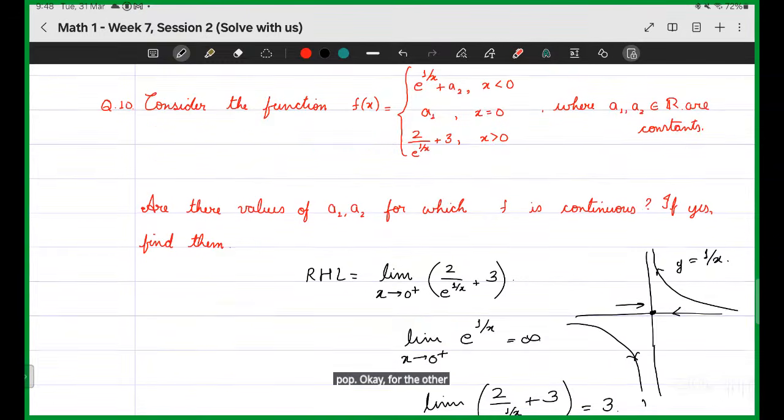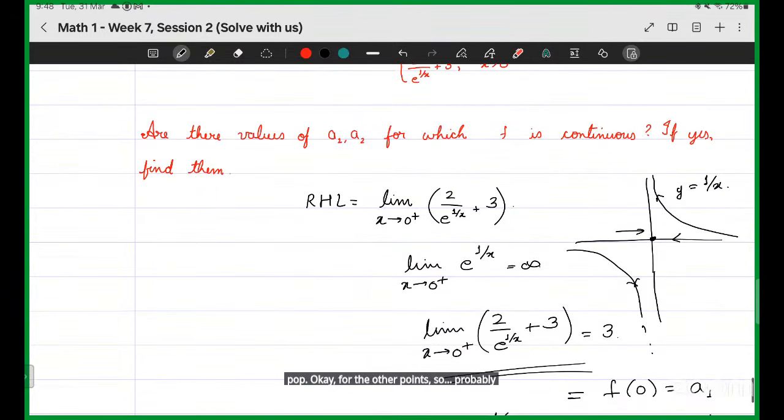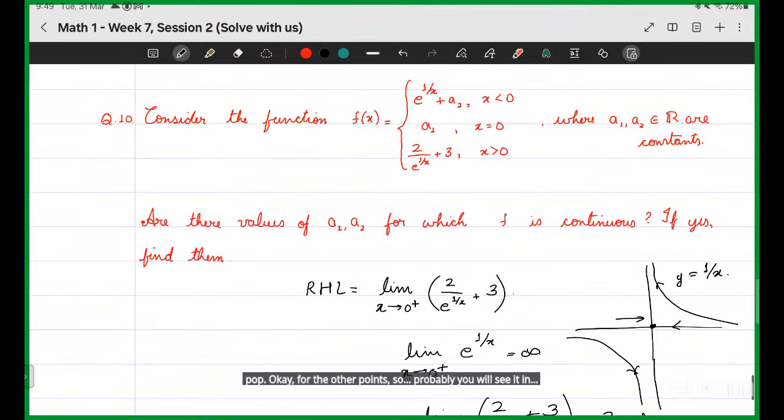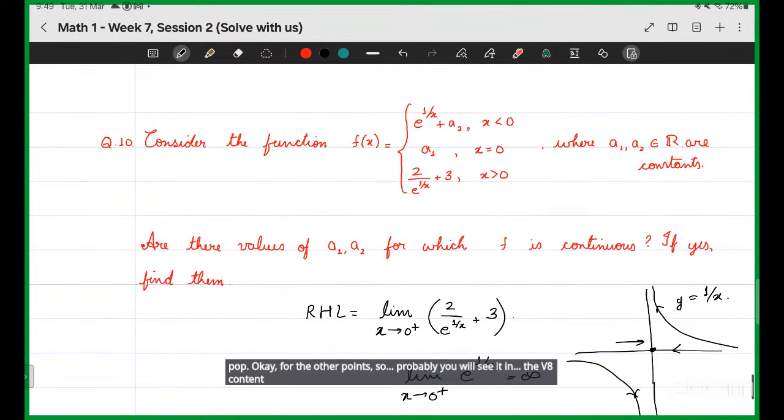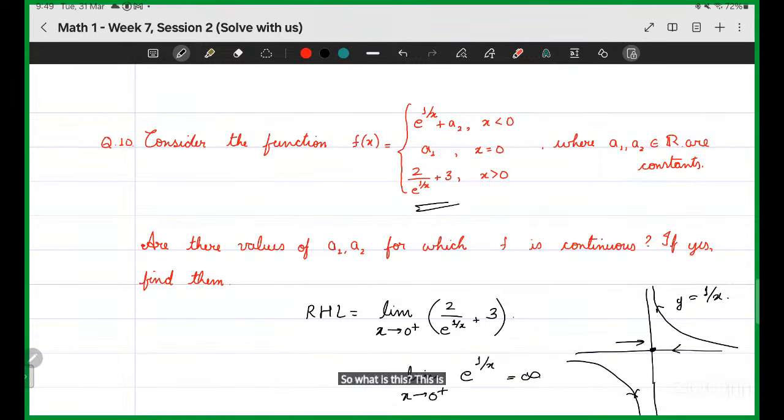So probably you will see it in the week 8 content, that if you have two functions, their sum, their product, their quotient, if the denominator is not 0, all of these are continuous functions. So what is this? This is 2 divided by e to the 1 by x.